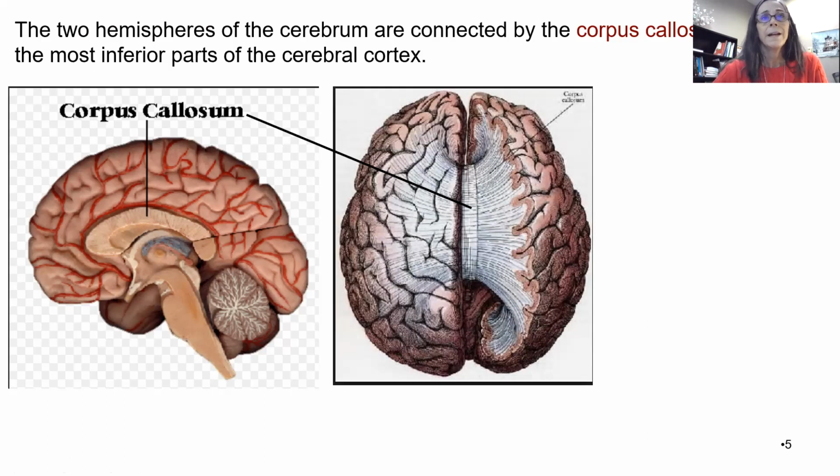I wanted to see if I had anything in my notes to talk about this, but I'm not seeing anything. No, just corpus callosum, a large fiber tract connecting the cerebral hemispheres, and it's right above the diencephalon, which, as you can see here, all of this underneath is the diencephalon.